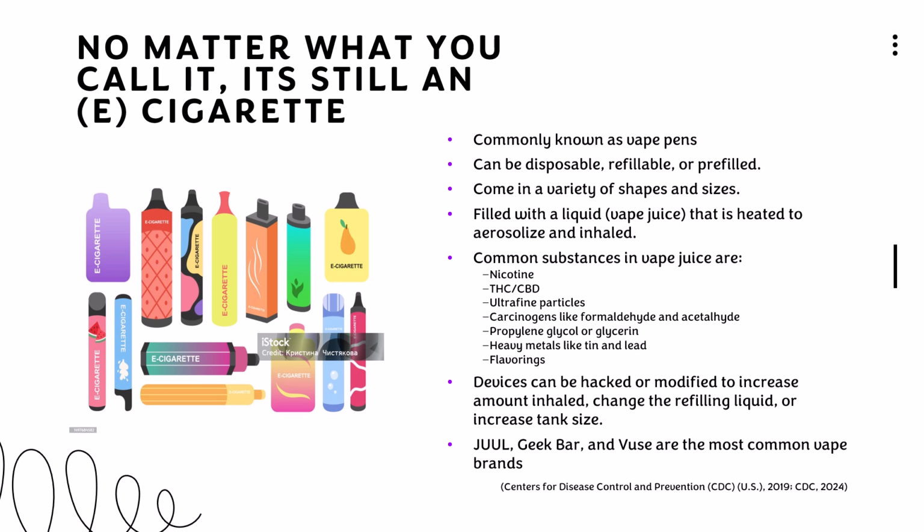These devices, all of them, can be either hacked or modified to increase the amount inhaled, change the refilling liquid, or increase tank size. Those are just some of the modifications that you can have. And then some of the most common vape brands out there in the United States are Juul, Geek Bar, and Fuse.